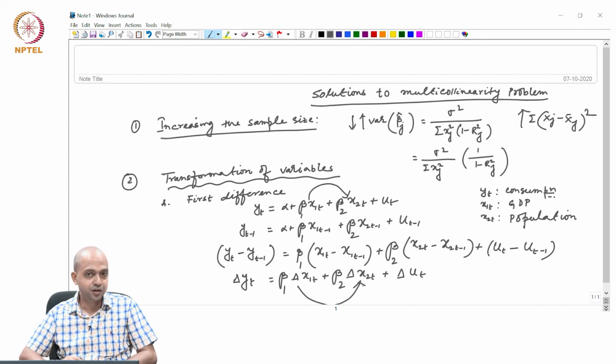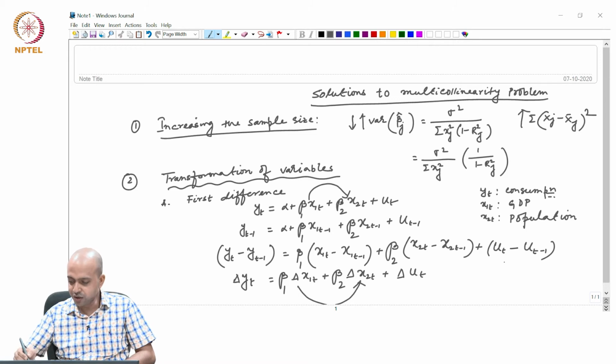But as I said, every measure has some cost also. What is the cost? The cost here is that u t and u t minus 1 may show some kind of correlation. So, if your original variable does not show any serial correlation, the moment you take the difference, it may show some kind of autocorrelation problem. So, an autocorrelation problem may arise in this first difference when you assume u t does not show any autocorrelation.